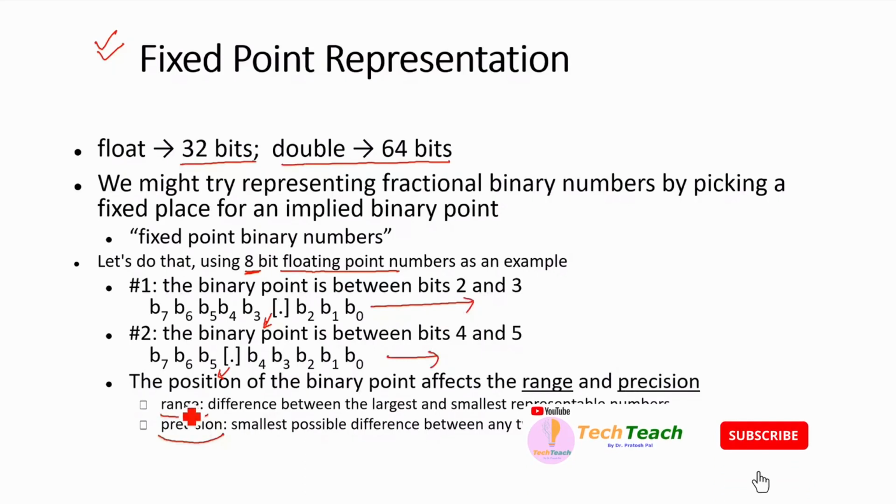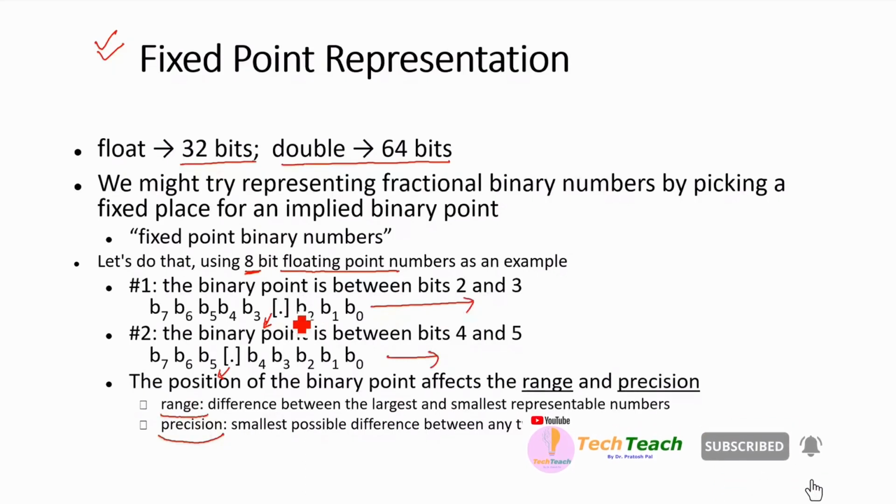If we make this binary point between bits 2 and 3, we will be able to identify a certain range of values. Or if we make this binary point between bits 4 and 5, then only certain values can be represented by this representation.